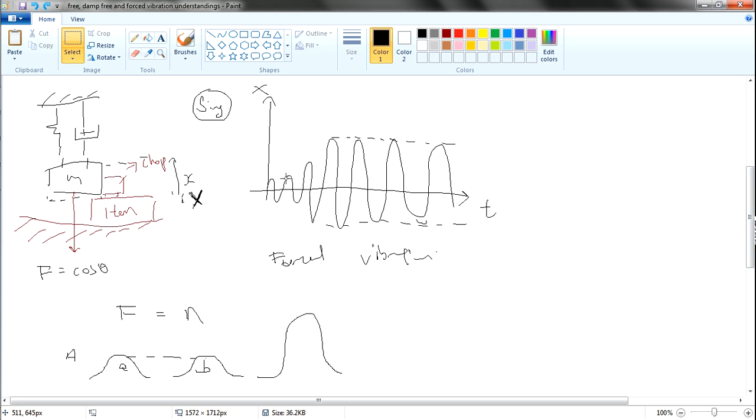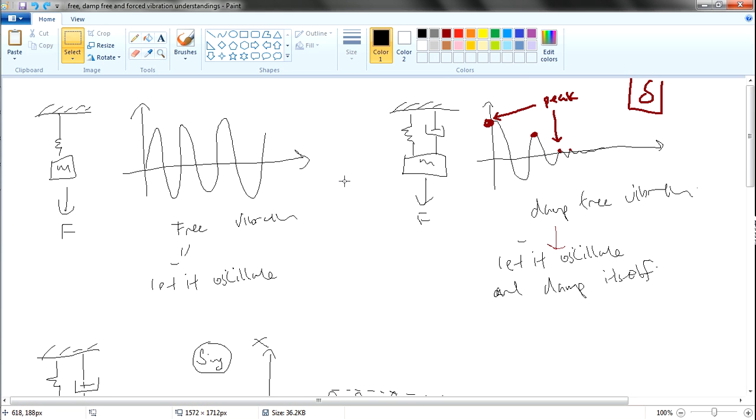The key concept here is that the steady state for forced vibration is when it is moving at a constant velocity. Comparatively, the steady state for free vibration is zero, because eventually it dies down to zero.